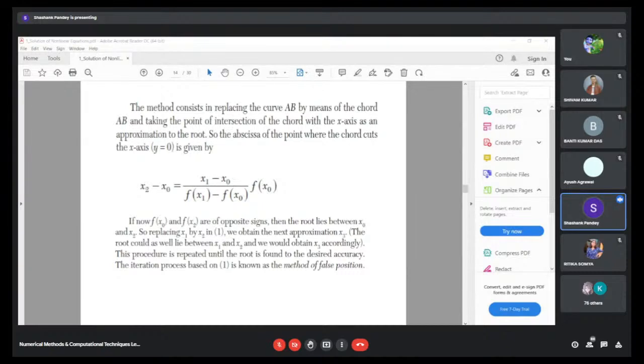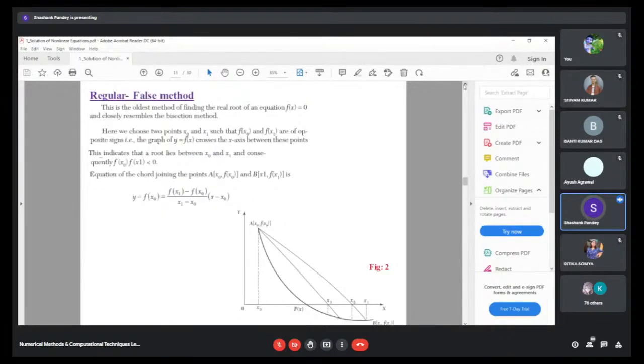Now if f(x0) and f(x1) are of opposite sign, the root lies between x0 and x2. So we replace x1 by x2 and obtain the next approximation x3. We will be doing this exercise repeatedly until we get the desired accuracy.